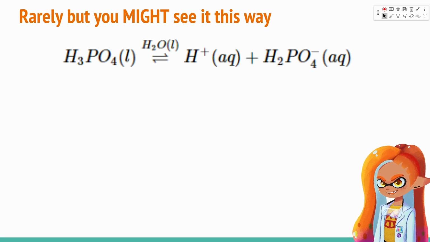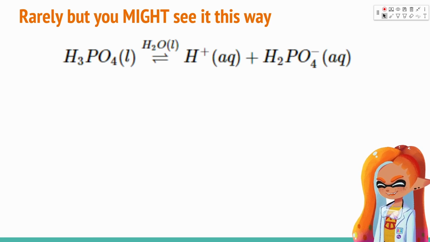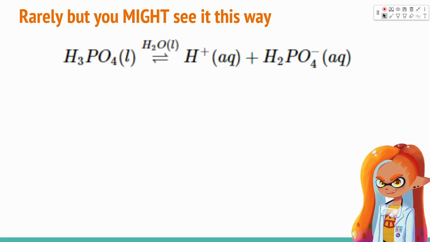That H is being donated, and then you have your two conjugate acids and base on the right side. Now, you want to be mindful, because I did not do this on the previous example. This H plus over here is not chilling by itself. In the equation, it looks like that, but that proton needs to be donated to something.